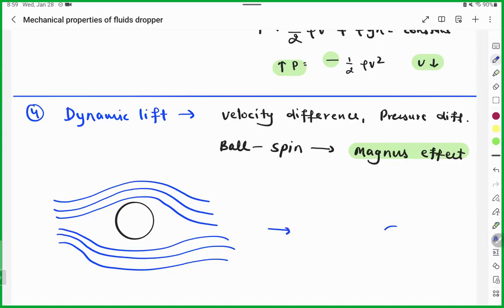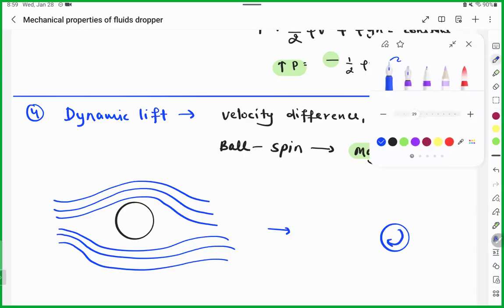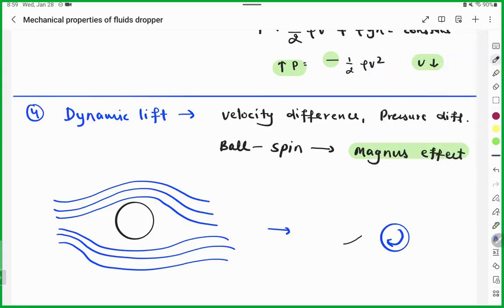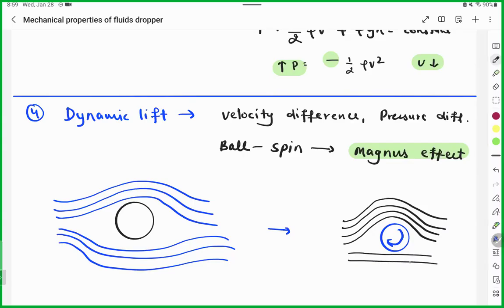But in the second situation, if the ball is spinning like this, what will happen if, for example, you have more air above because of the speed and less air below? Understood?